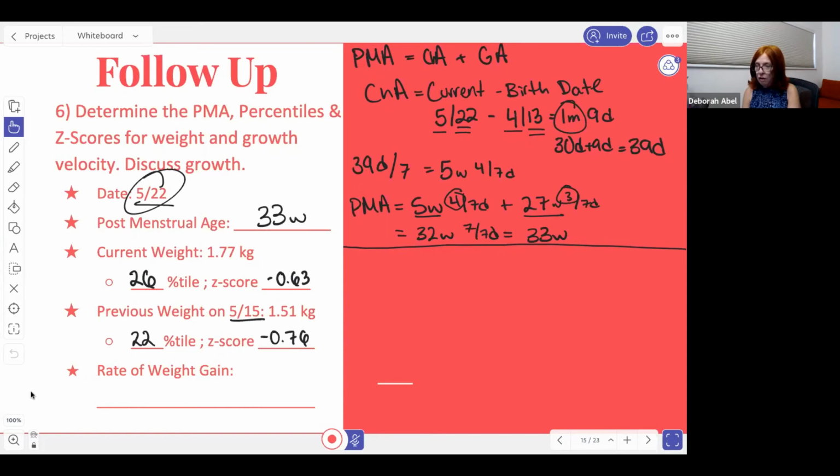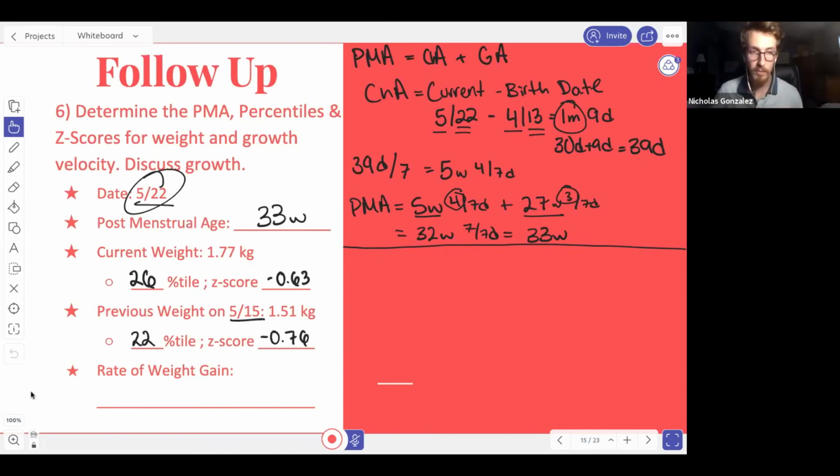They are only on enteral nutrition, and I want you to notice now what the rate of weight gain is for this baby, and how important your job is at continually assessing the intake and the growth velocity to make your specific decisions of what you're going to recommend to the team and put into your ADIME note. So let's go ahead and figure out the rate of weight gain.